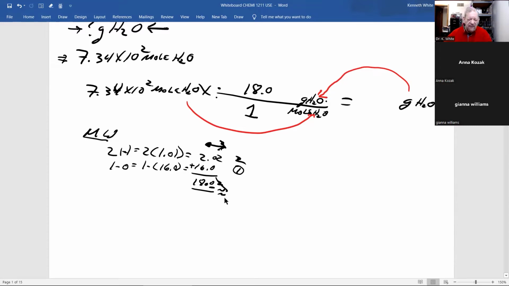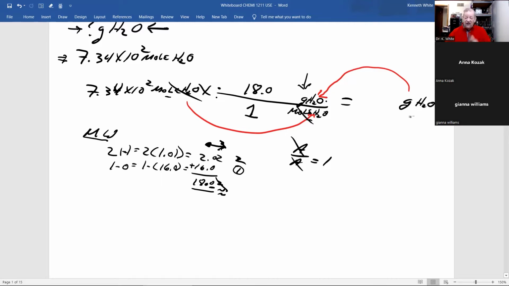Now, before I pick up my calculator, which I'm going to take off the shelf right now, I'm going to check and see, are my units going to give me the right answer? If I come over here, I have moles of water divided by moles of water. Remember, anything divided by itself equals the number 1, meaning it's canceled out. That cancels out. I'm left with grams of water. I'm on the right track.